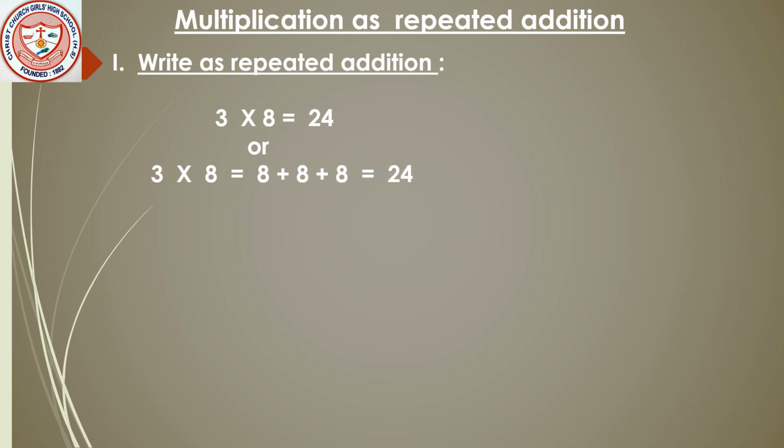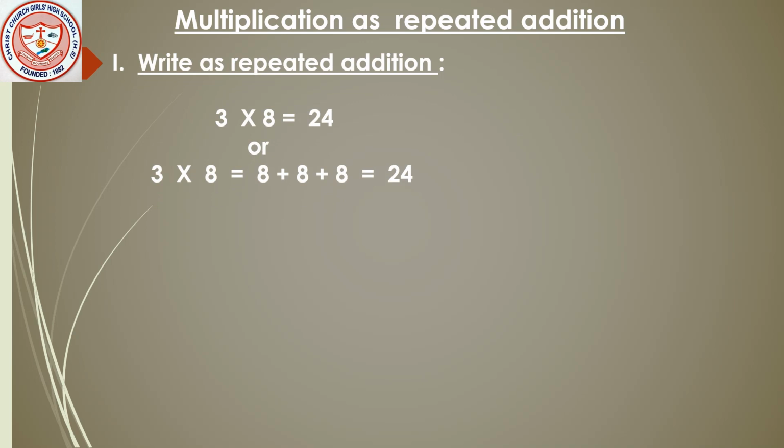Write as repeated addition. Look, 3 into 8 is equal to 24. How will you write this as repeated addition? Look, 3 into 8 is equal to 3 eights.